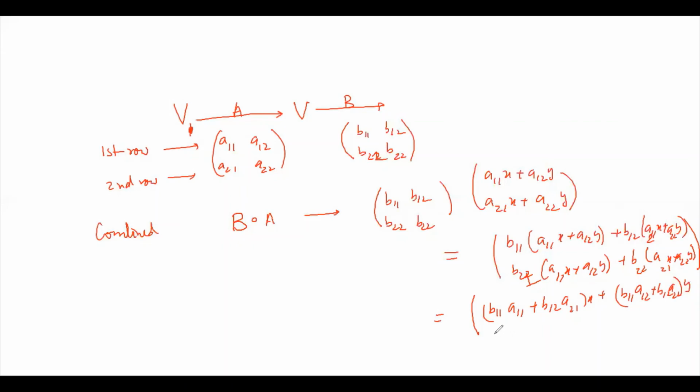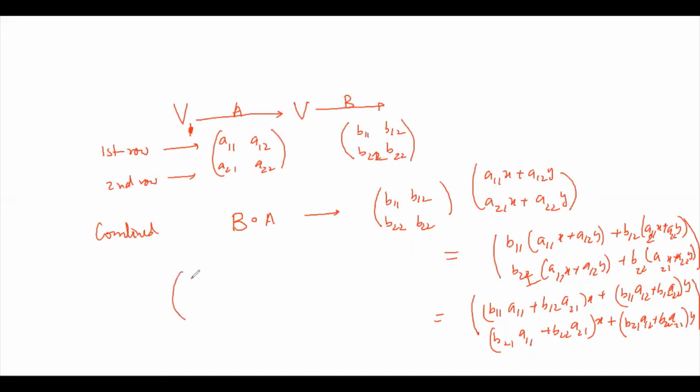And similarly here you will get B21 A11 plus B22 A21 times x, and finally the last bit is B21 A12 plus B22 A22 times y.